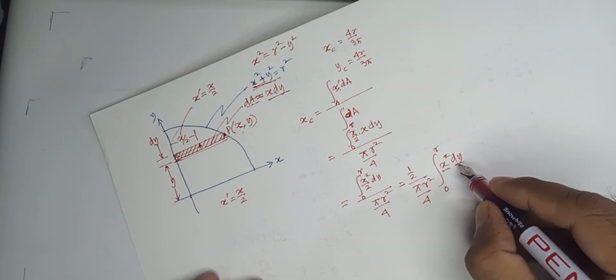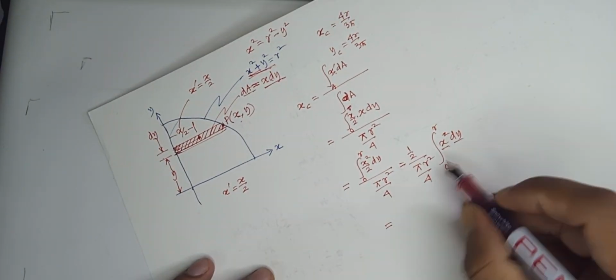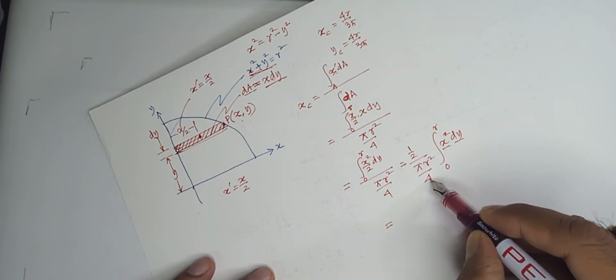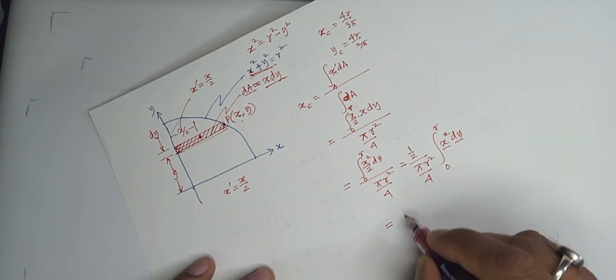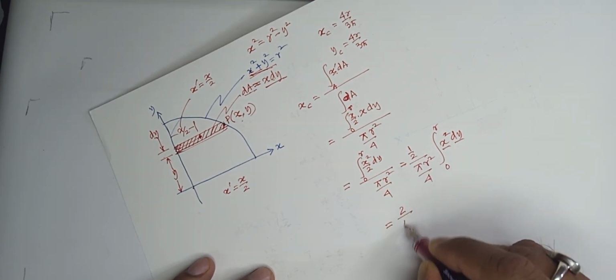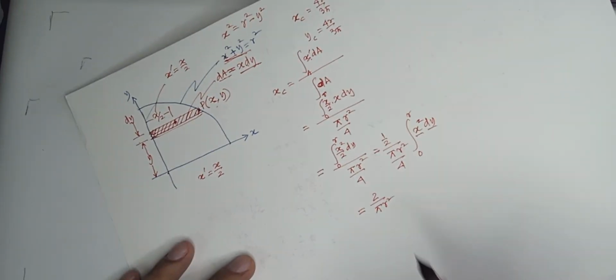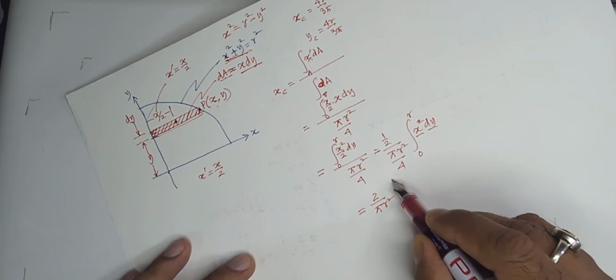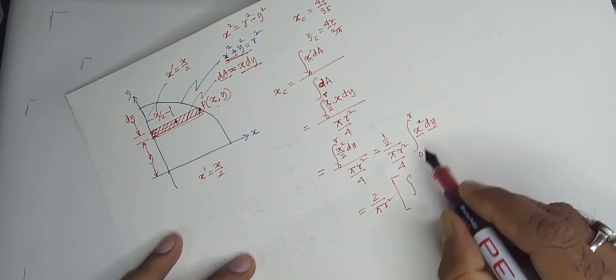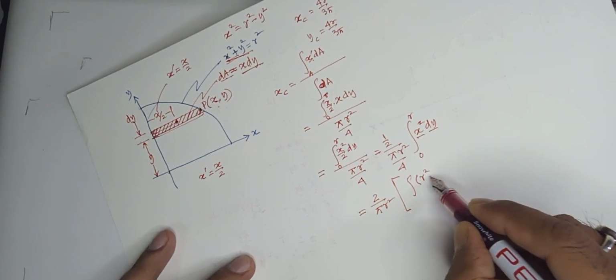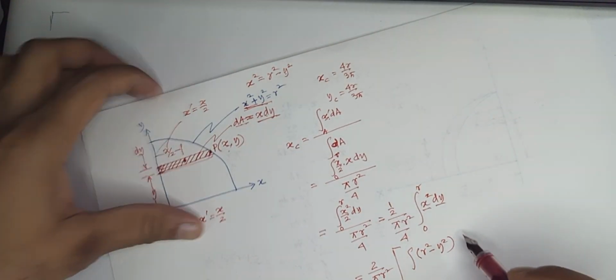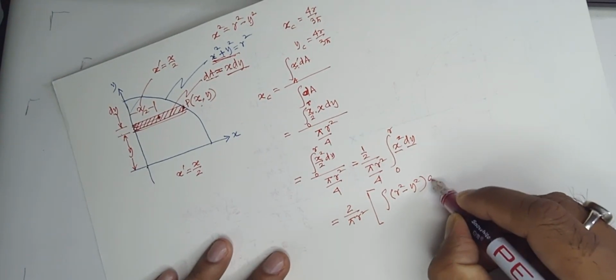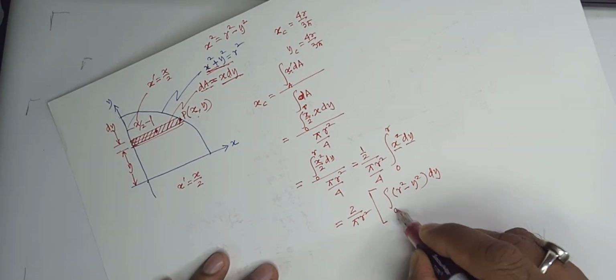Here it is pi r square by 4 and the half, which will cancel, therefore it will make it 2 by pi r square. I guess it is clear to you. And inside you will have the integration of r square minus y square, because x is replaced, dy, from 0 to r.